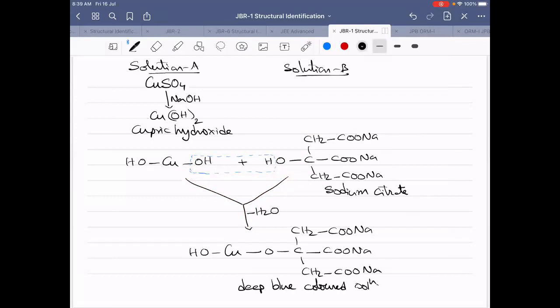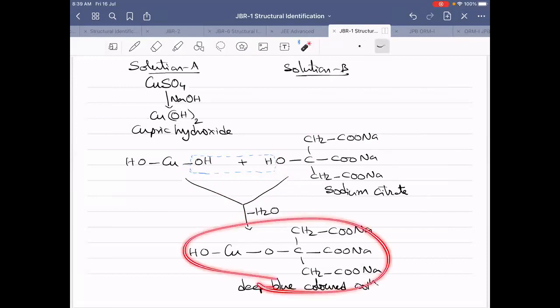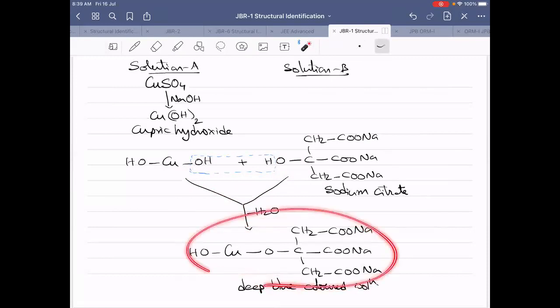Finally this is a deep blue colored solution which is ready to react with an aldehyde. Understanding? So here copper is present in the +2 oxidation state.